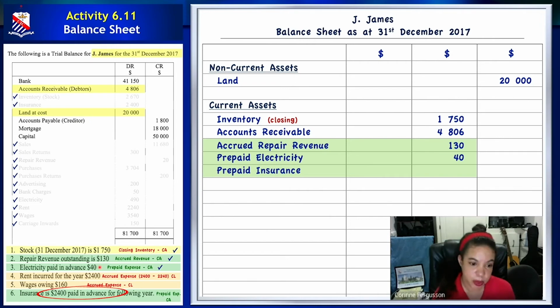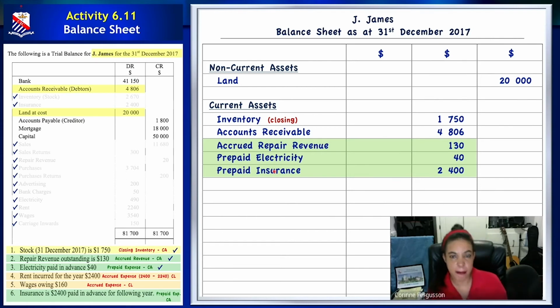How much is the prepayment? $2,400. And that's it. So you see our 3 accruals and prepayments. So we have an accrued revenue, which is a current asset, and 2 prepaid expenses. Very specific. Do not ever total them. And you just have them separately, and that is it. You have dealt with all your green, all your current assets. So you can now move on.